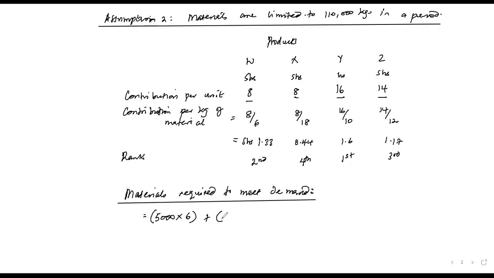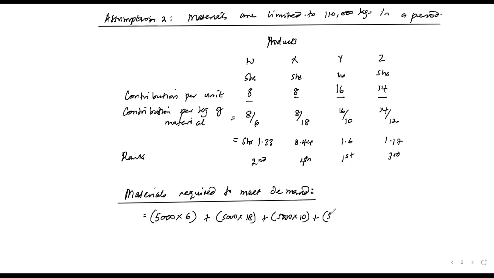Then we have to produce X. The demand is 5,000 too, but each unit of X requires 18. Then we also have to produce Y, but each unit of Y requires 10.